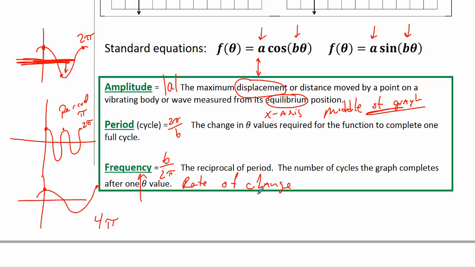When we talk about earthquakes, sound waves, light waves, microwaves, waves from the ocean or tsunamis, anything that has a methodical, recurring wave to it, like up and down and up and down, like an earthquake, that's where we talk about frequency and the rate of change, like how many things per second or per minute or whatever is happening there.